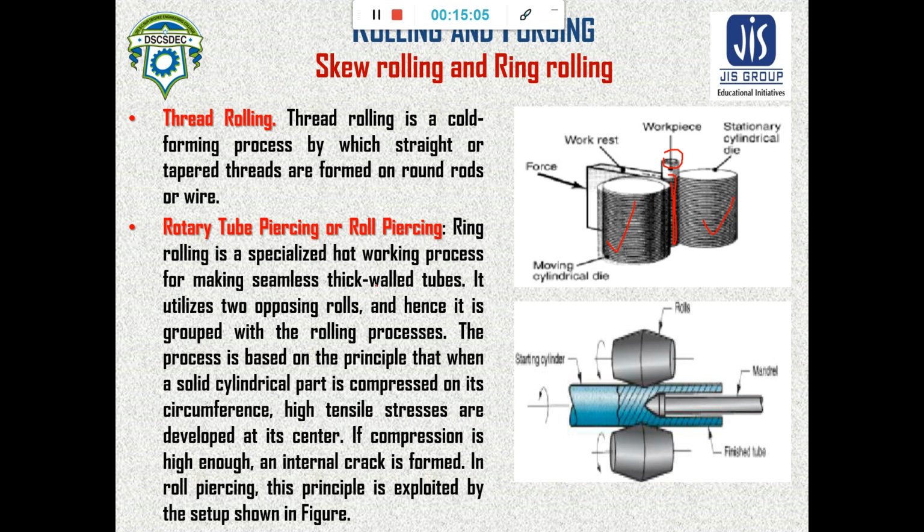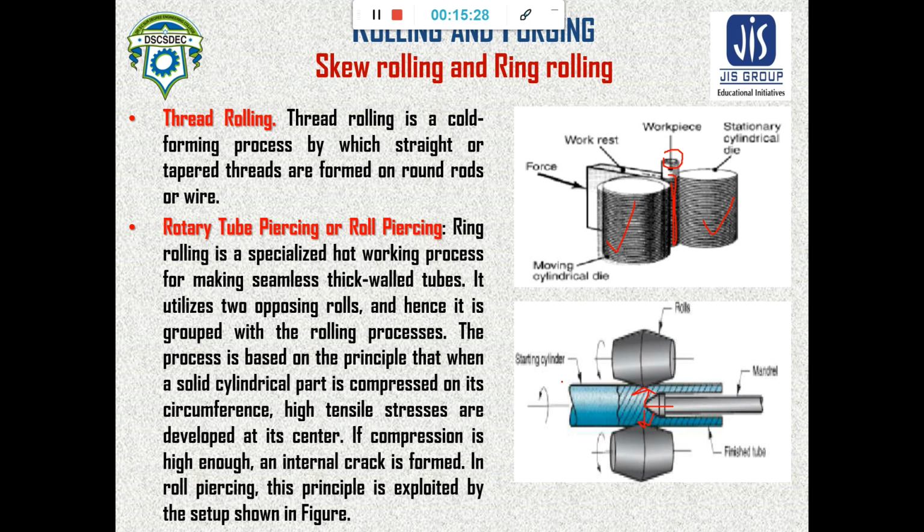Next is rotary tube piercing. In rotary tube piercing, what happens? There is a mandrel. That mandrel moves the material stock towards the edge, and a seamless pipe can be made.